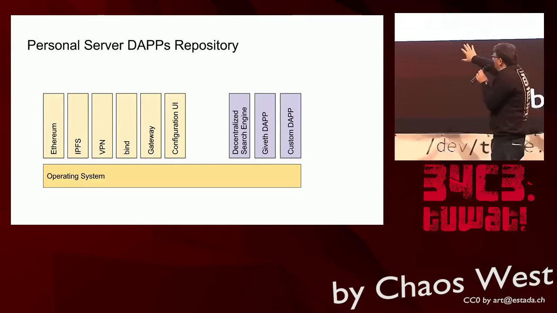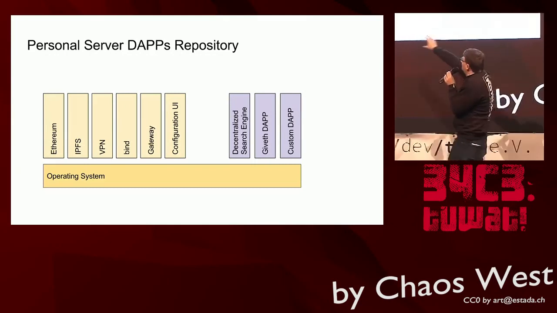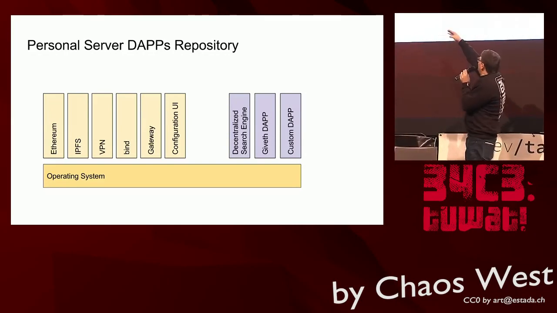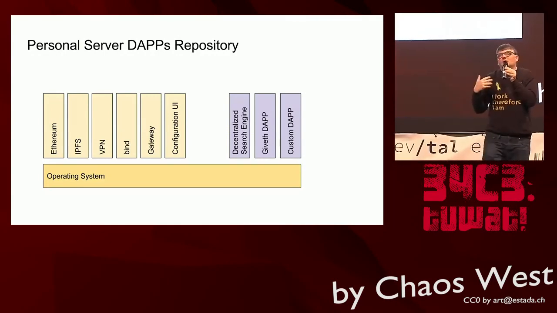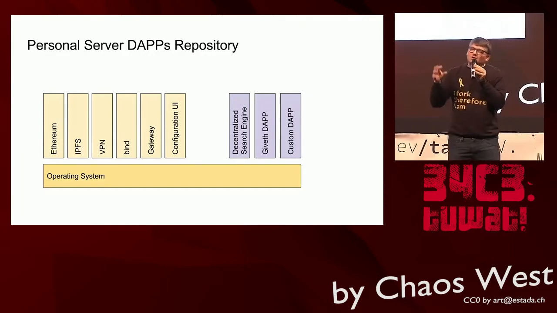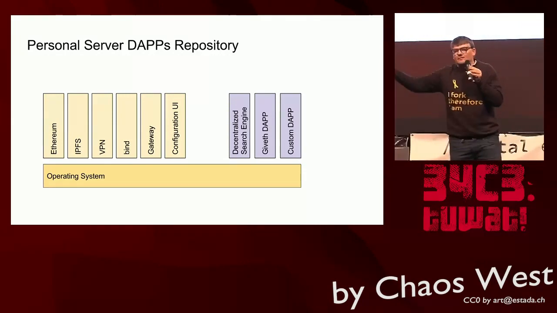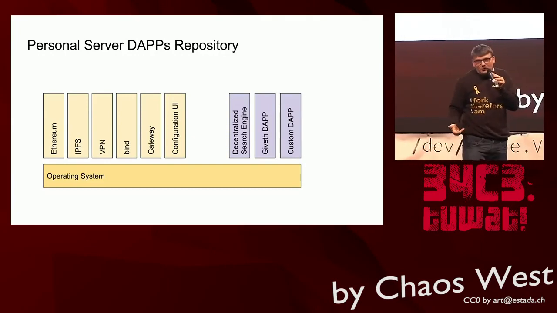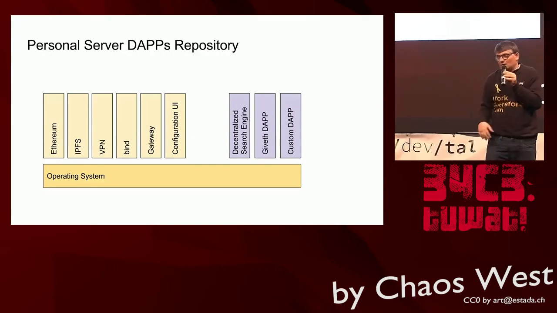And the idea of the project here is: we have an operating system, we have some quite standard modules, and then the user should be able to install different dApps or applications that run on this server. These can be in a decentralized repository, where people can choose which applications to install on their server, the same way they choose which applications they have on their iPhone or laptop.